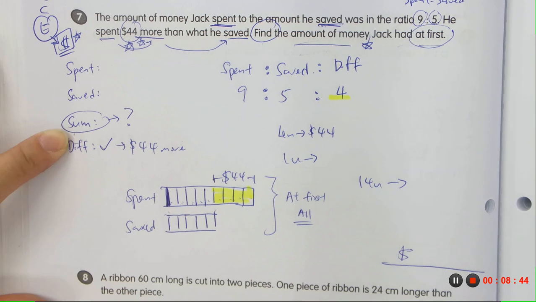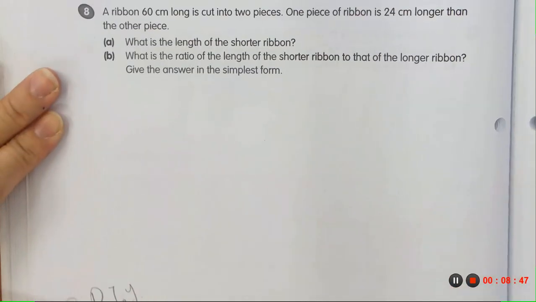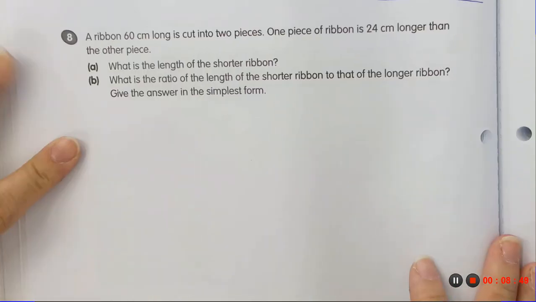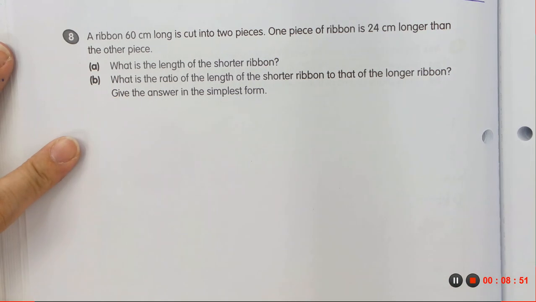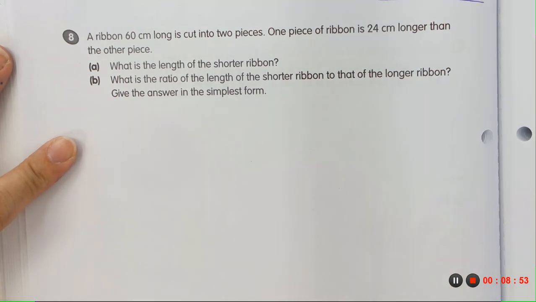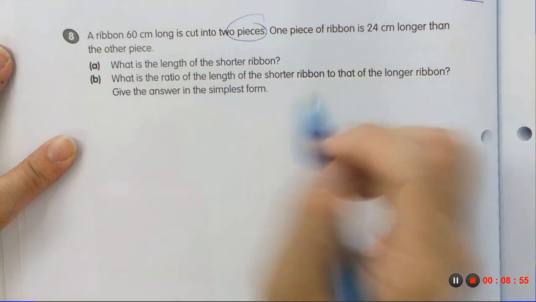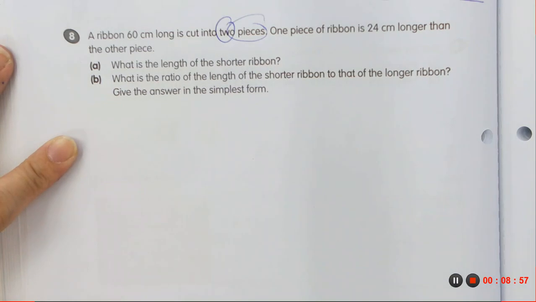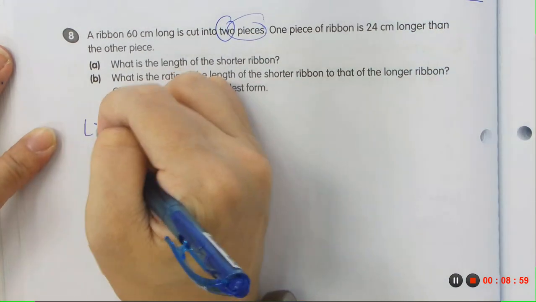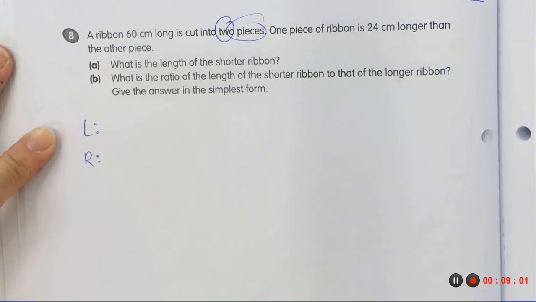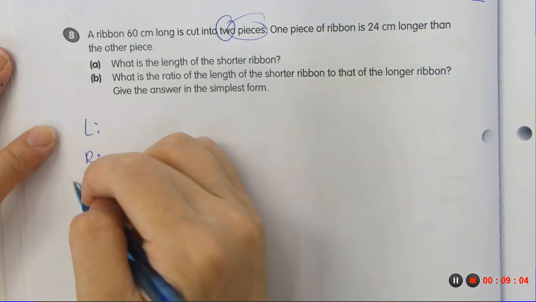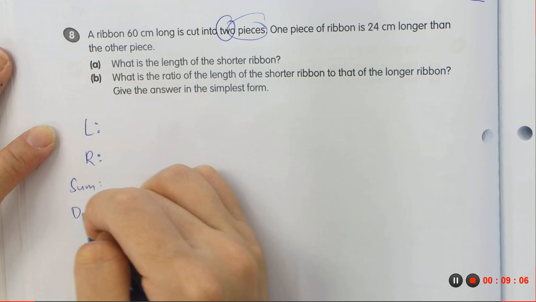Okay, then I come to the last question. I suppose you already read it. So I'm going to go straight into the ratio relationship here. You have 2 pieces that is being cut. I can say that one is the longer ribbon and one is the shorter ribbon. And I can already write down the terms sum and difference.